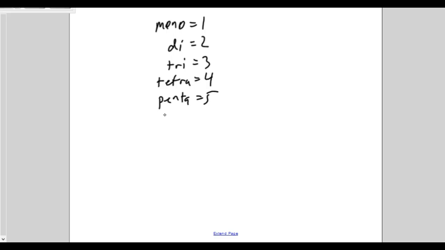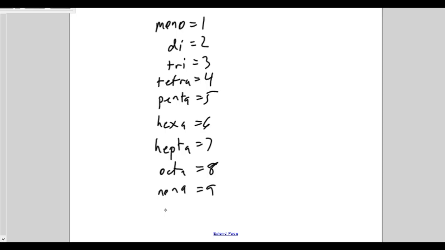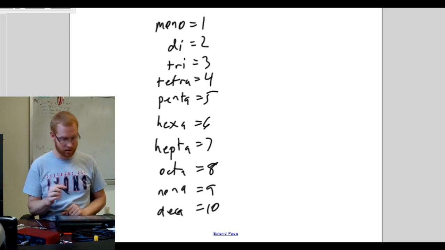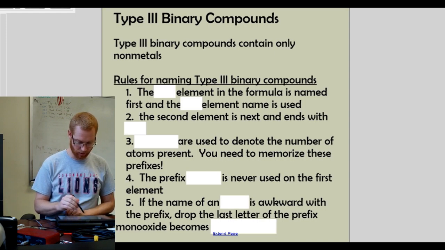Penta is 5. Hexa is 6. Hepta is 7. Octa is 8. Nona, 9. Deca, 10. And we don't need to go beyond 10. All right? So, you're going to use some prefixes to tell how many of each type of atom there are.